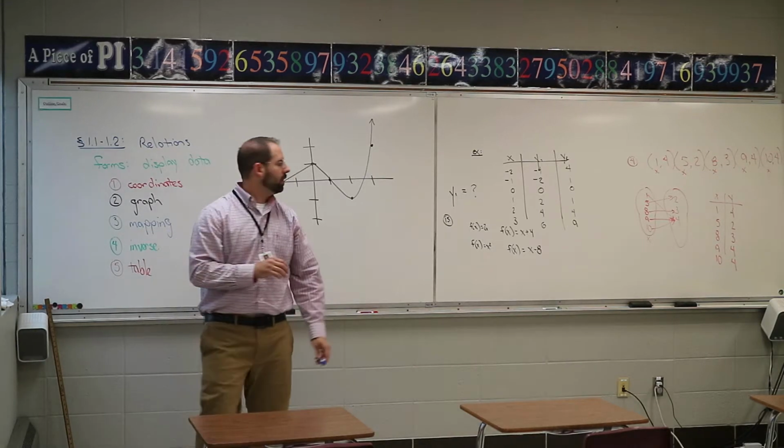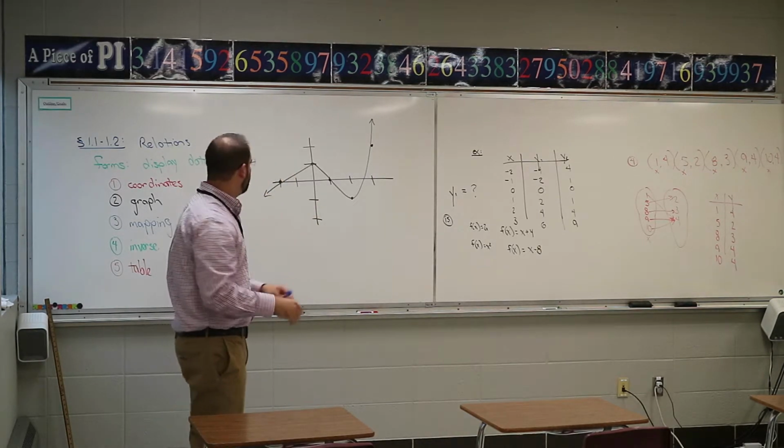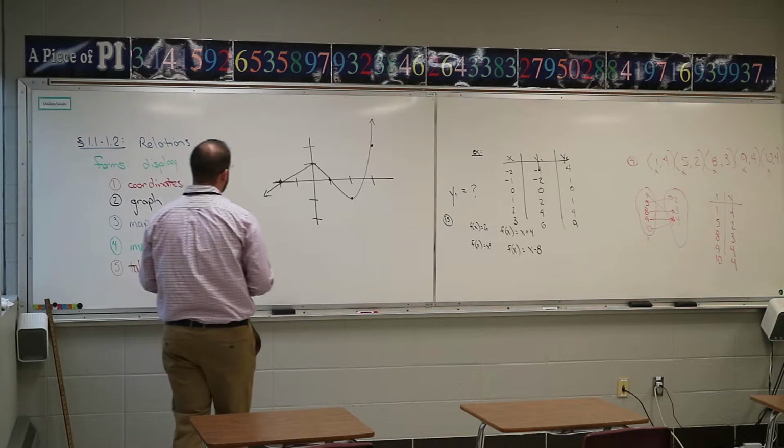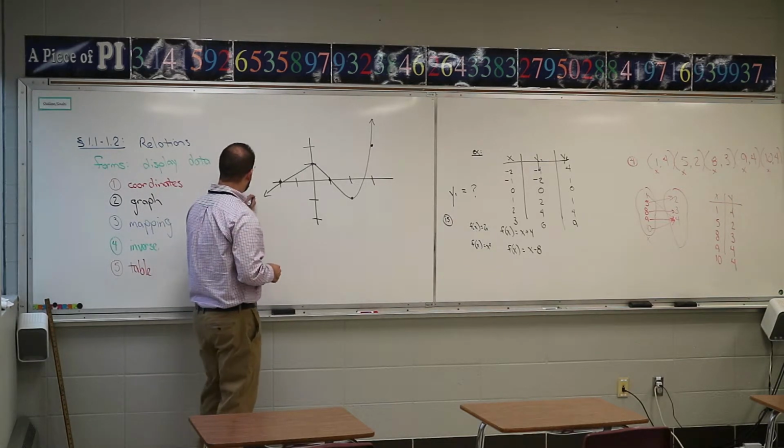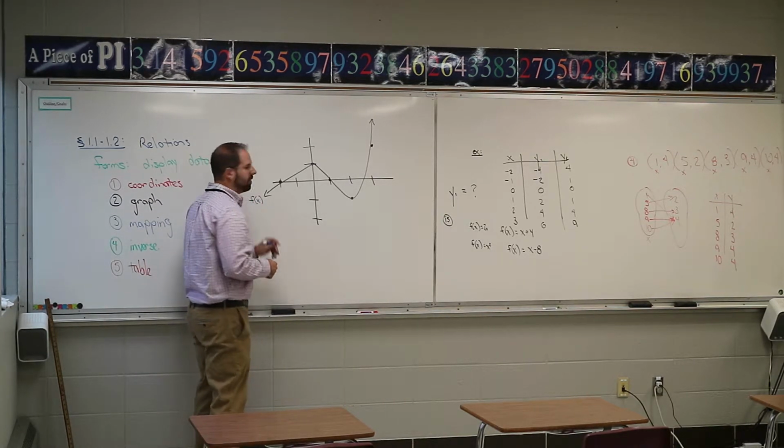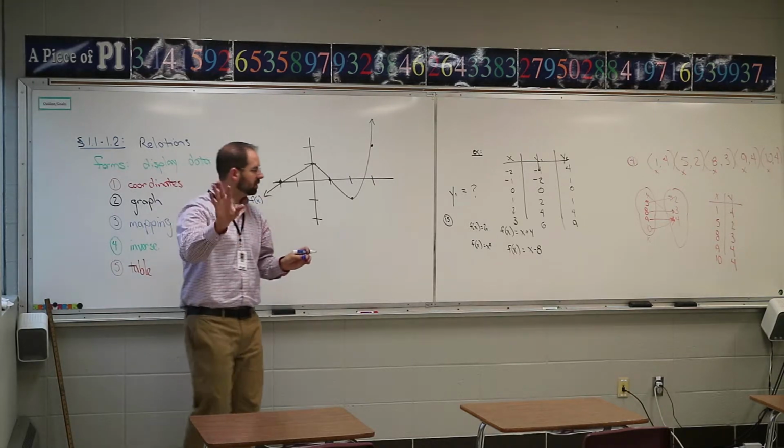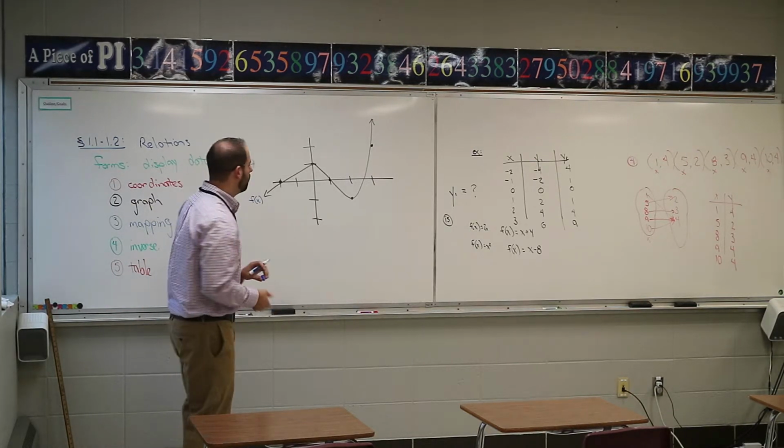These are going by ones, by the way. They're all by ones, so I didn't try to go too far. And let's say this represents f of x. So f of x is the name of the function. The function represents that curve somehow. It's some formula in the back that we don't know.